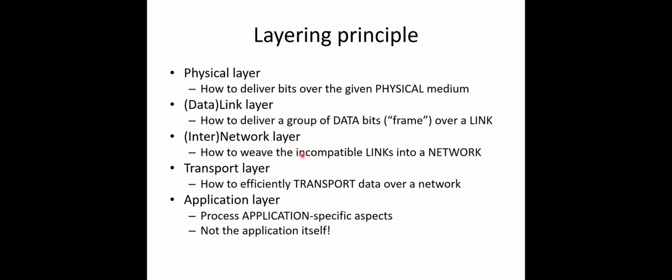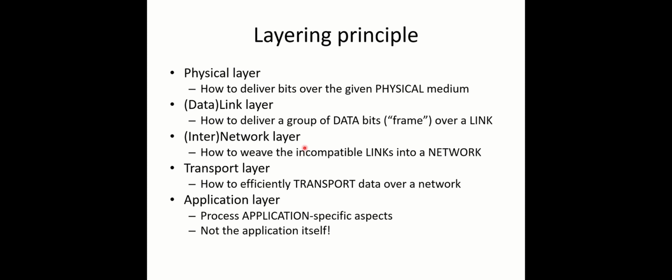They weave the links into a network, and those links could use different incompatible technologies. And we discussed this when we were talking about the magic of the internet. The Internet Protocol, IP, is used for this purpose, to interconnect two incompatible technologies at a location called router.